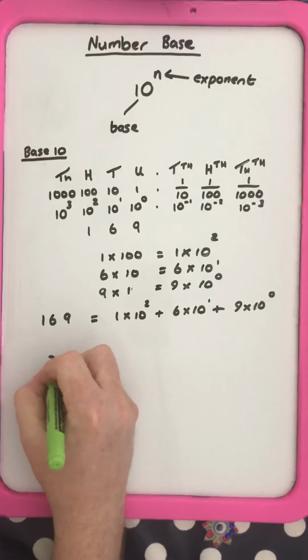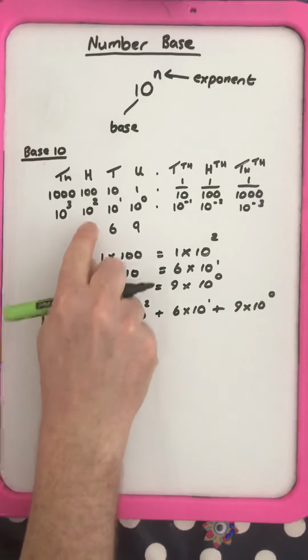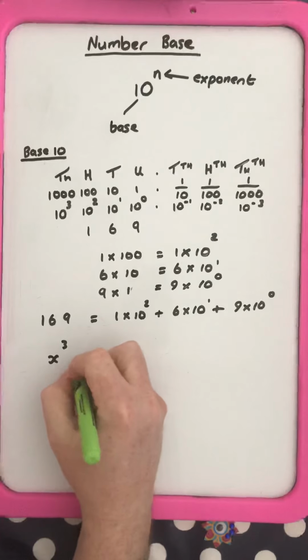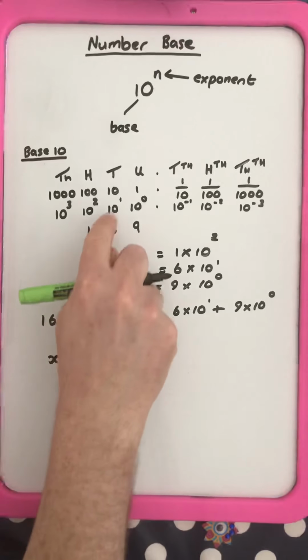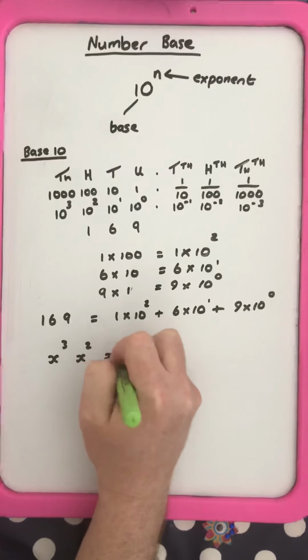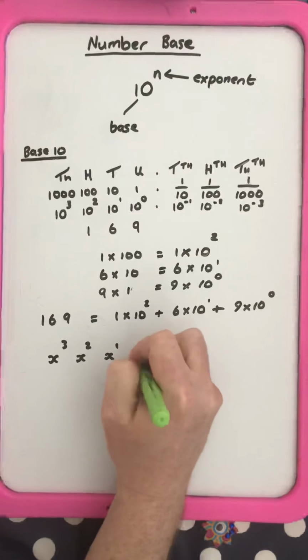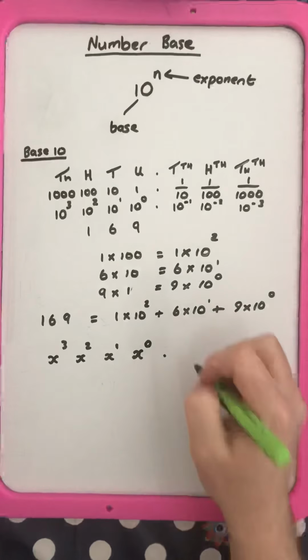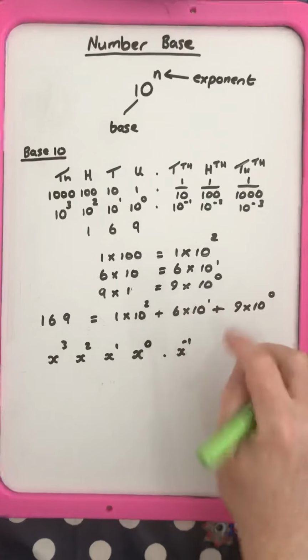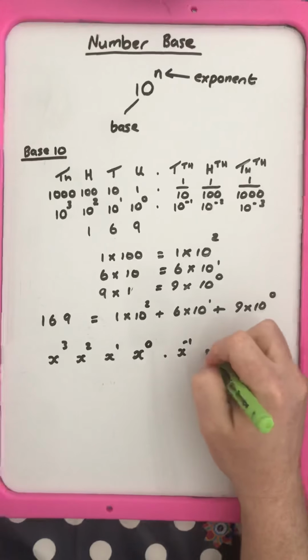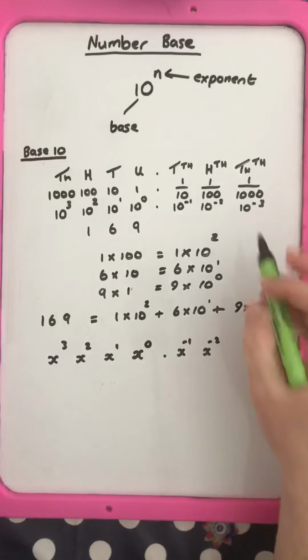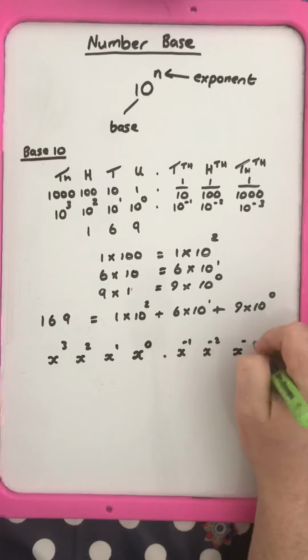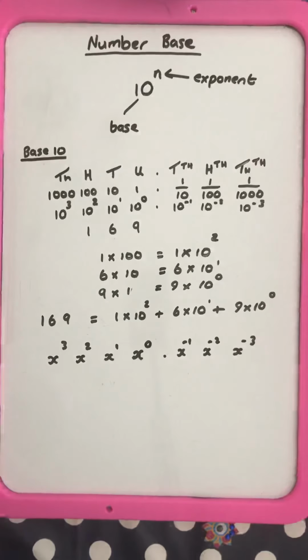x cubed, x squared, x to the power of 1, x to the power of 0, x to the power of negative 1, x to the power of negative 2, x to the power of negative 3.